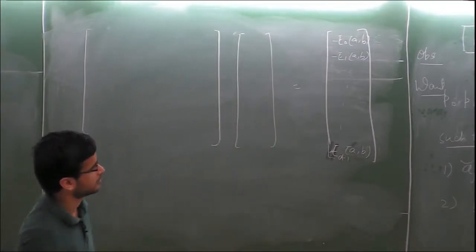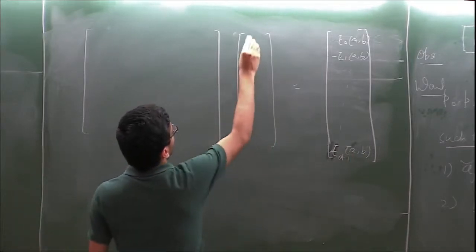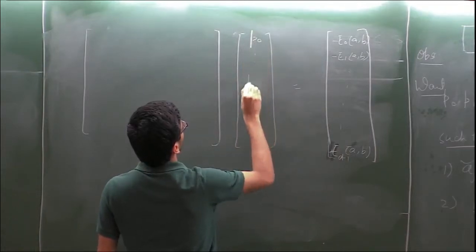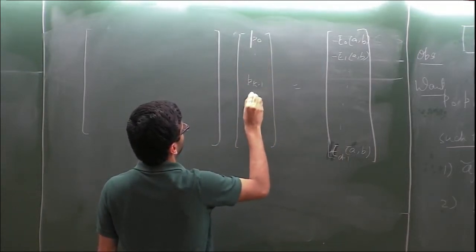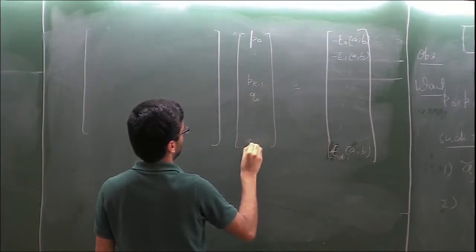So this is that vector. This vector is P_0 up to P_{k-1}, Q_0 up to Q_{r-1}.